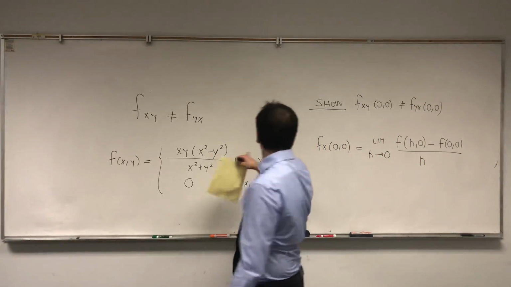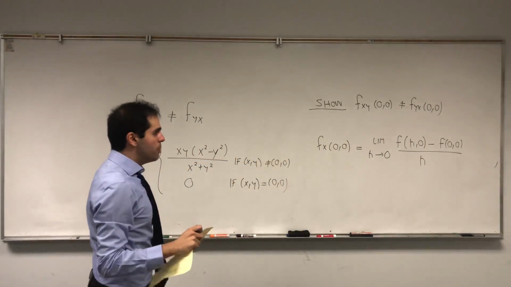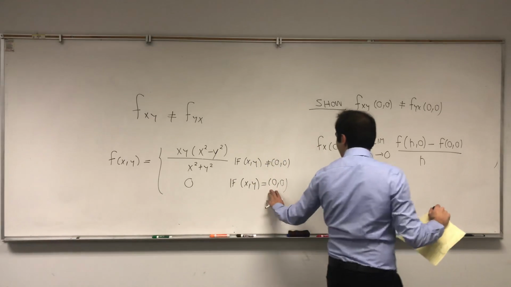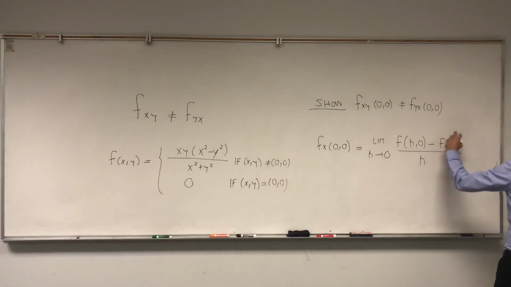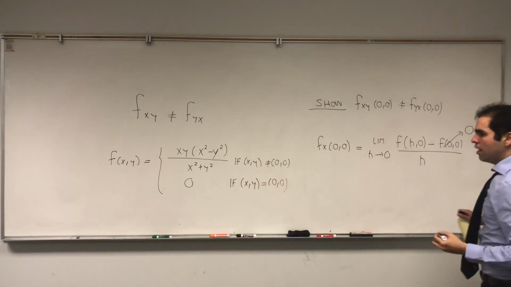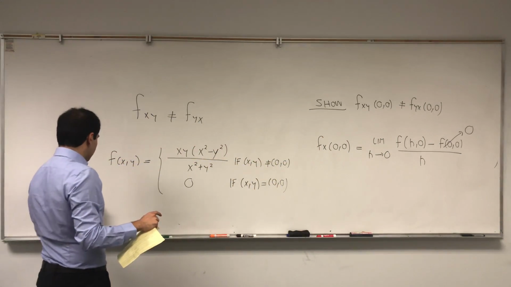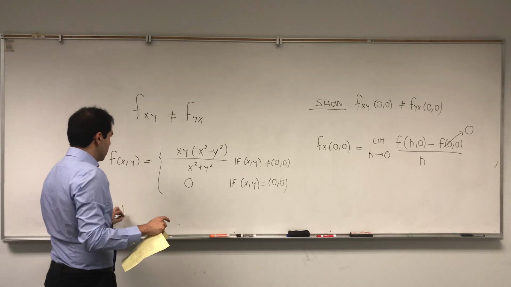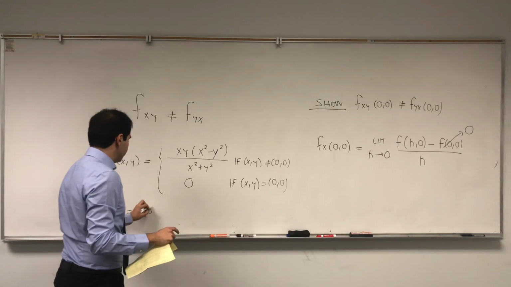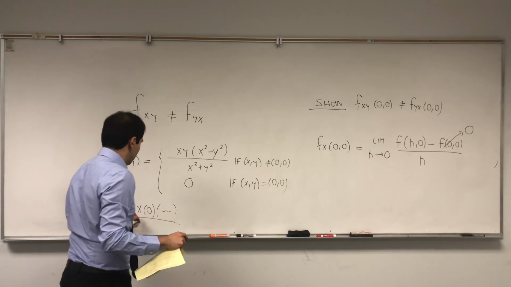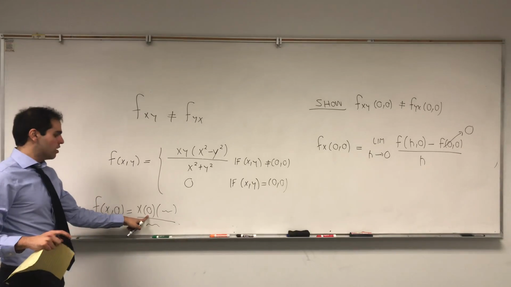This is not too bad to calculate because by definition, f(0,0) is just 0. And also notice, if you let y be 0, then f(x,0) is just x times 0 times some other junk over some other junk.